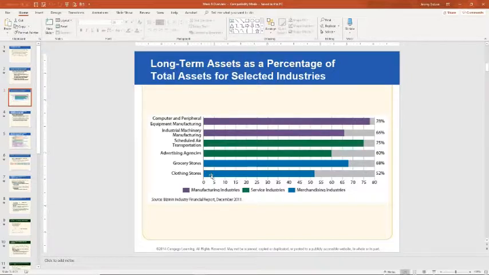And if you look into the service industry, it's way down here. It might even be down here in terms of the percent of assets on the books that are actually long-term. A lot of my familiarity is in the industrial machining manufacturing sector. Yep, upwards of 70% of our assets were always considered long-term assets in the form of equipment and that sort of thing.